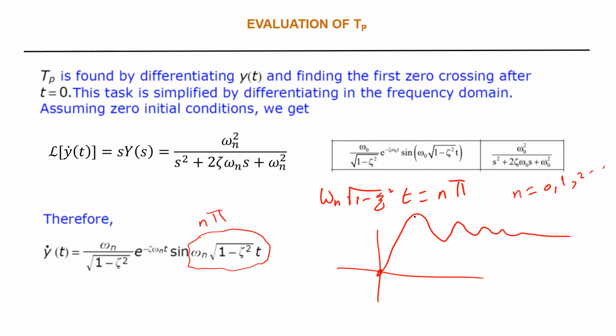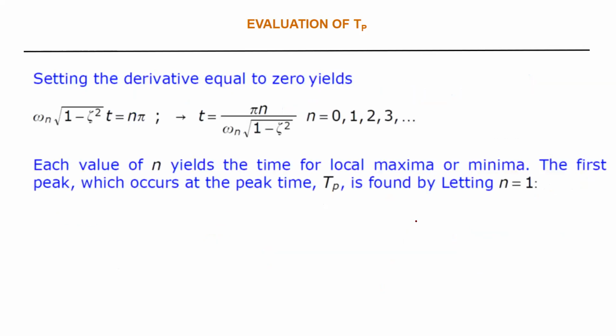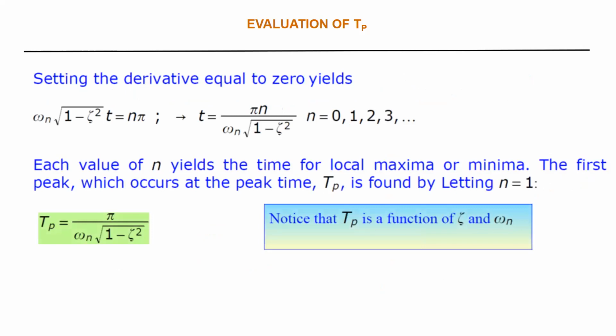So we ignore it and go to n equal to 1, because it is the global maximum. If n equal to 1, Tp will be pi over omega n root of 1 minus zeta square.